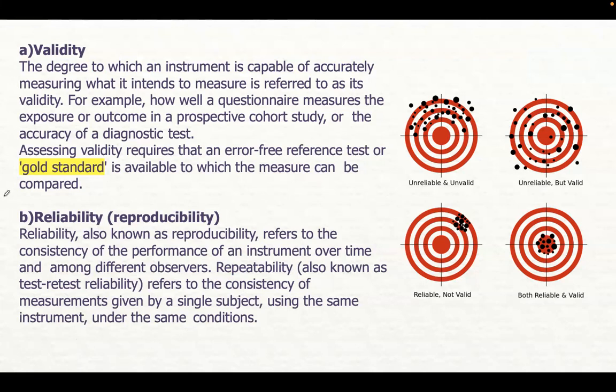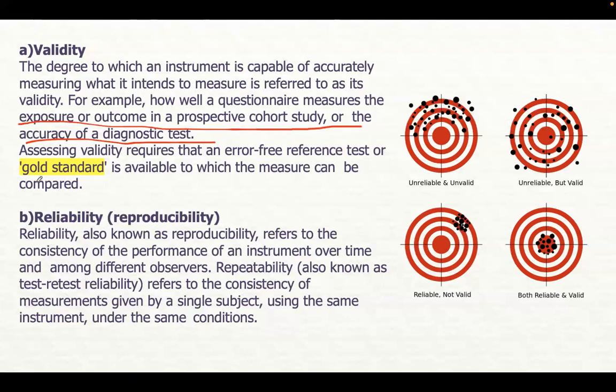For example, in epidemiology, how well a questionnaire measures the exposure or outcome in a prospective cohort study or the accuracy of the diagnostic test. Assessing validity requires that an error-free reference test or gold standard is available to which the measure can be compared. So para masabi natin na valid yung isang instrument to measure or yung isang study, dapat po comparable siya sa ating gold standard.